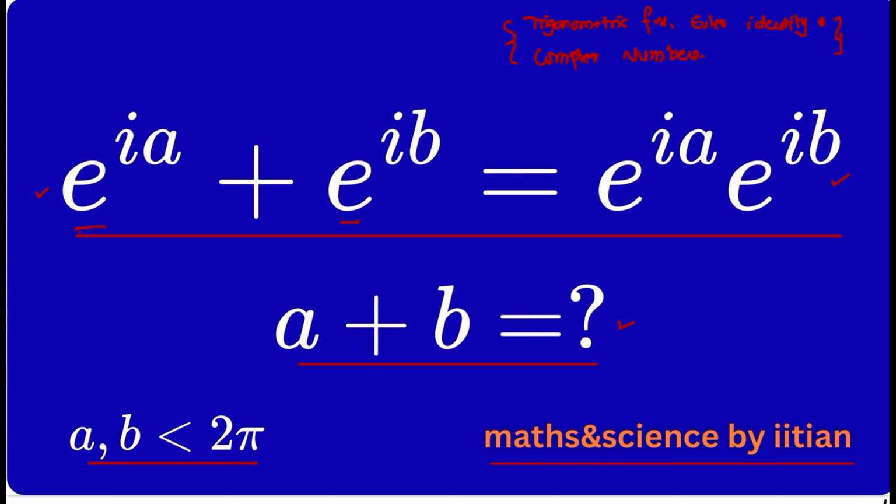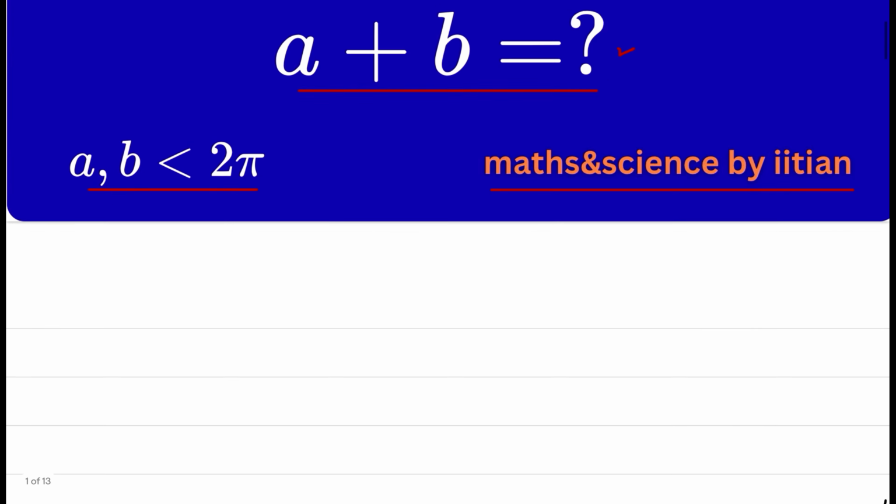Let us move further to solve this equation. It is a very good example involving trigonometric functions, Euler identity, and complex numbers. A very good trigonometric identity we are going to define here now. Let us move further.